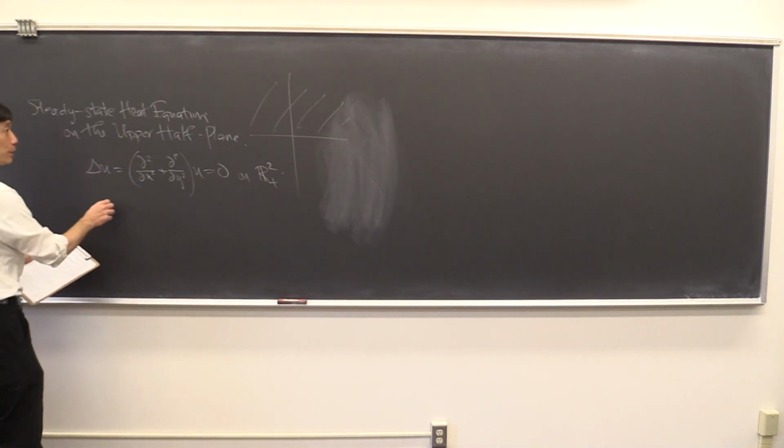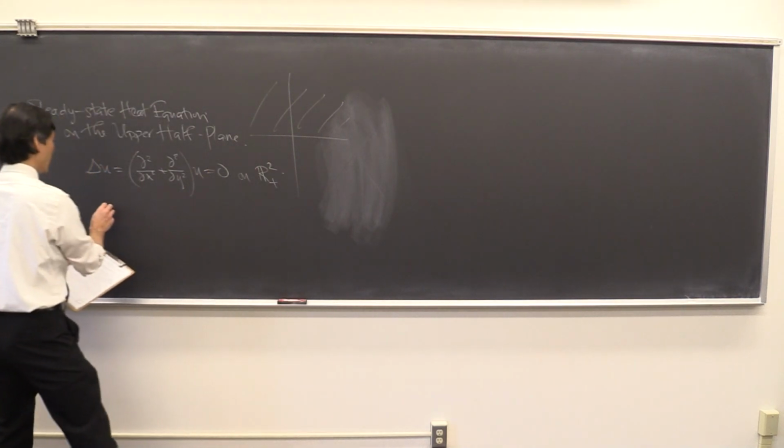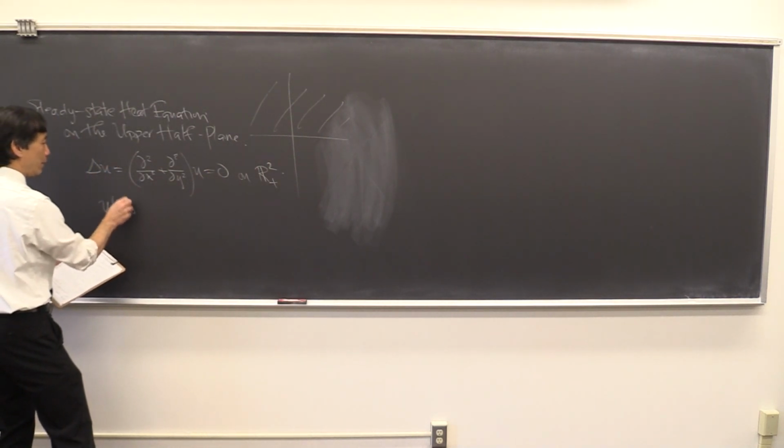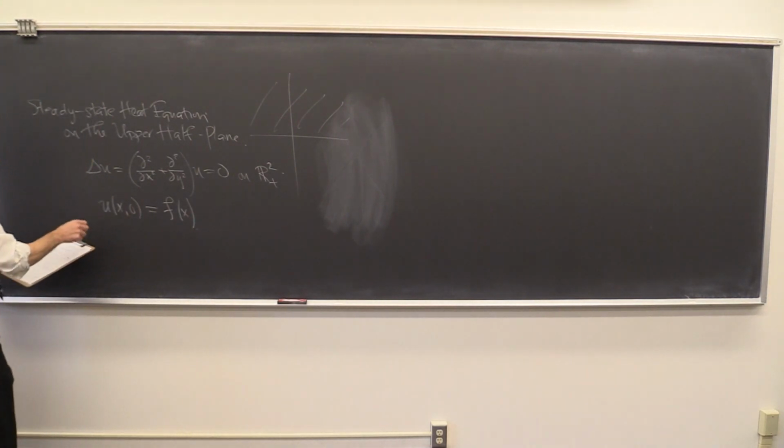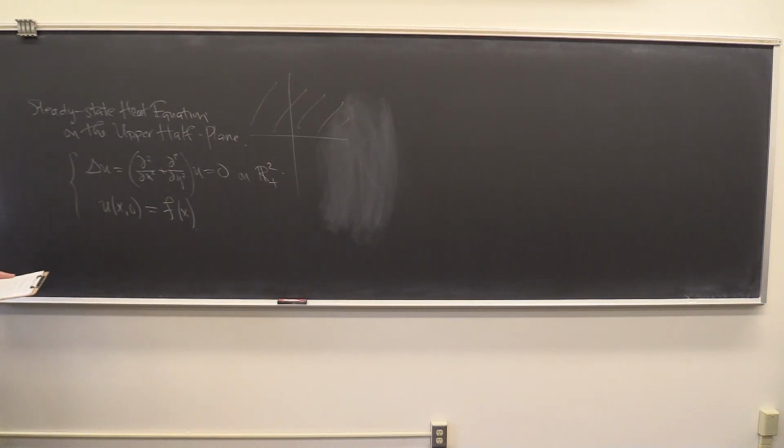And we're going to have an initial condition on the boundary. So on the boundary, u of x, 0 should be equal to some function f that we specify. Okay, so this is the problem.